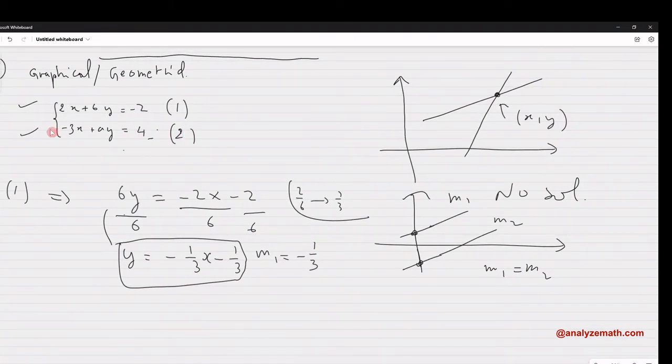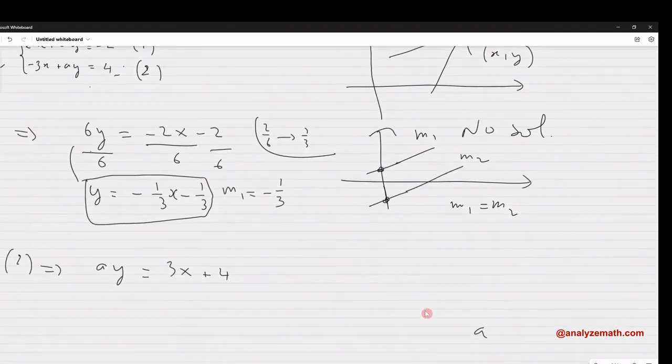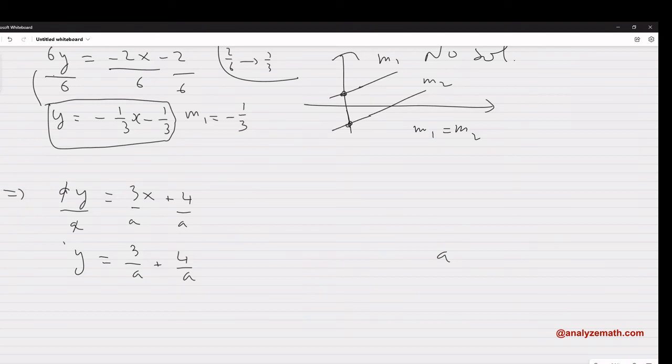Good. Let's go to line number 2 and do the same thing. Solve it for y. Now, line number 2 gives me the following. Ay is equal to 3x plus 4. Divide by a. Simplify. So we have the slope here, m2 equal 3 over a.